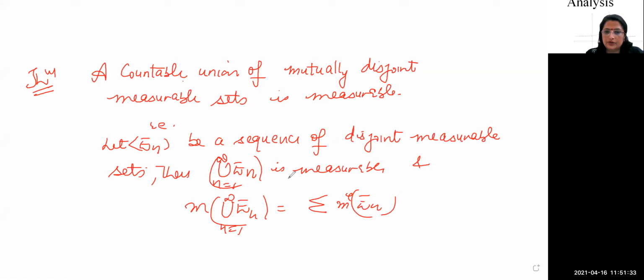So there are two parts to the question. One, we have to prove that the union is measurable, and the second part is that the measure of the union is equal to the summation of the measure of En.